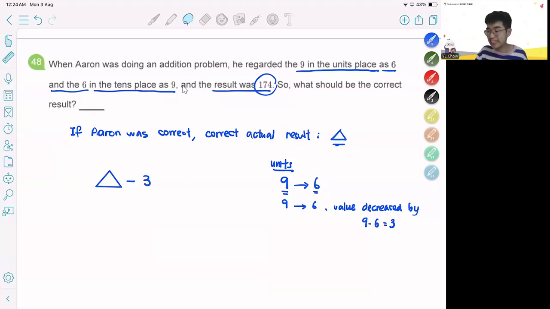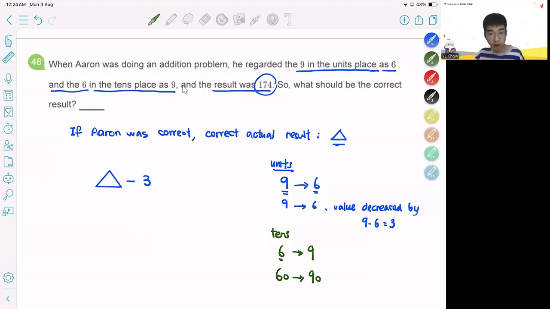But then there's also the second mistake. The second mistake is he read the tens digit, which is 6, as 9. Does that mean the value increases by 3 this time? No, because this is a mistake at the tens digit. At the tens place, the value of 6 is 60. He changes it to 90.